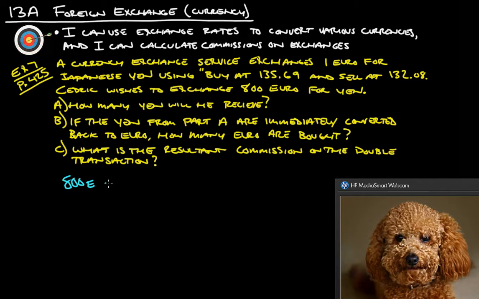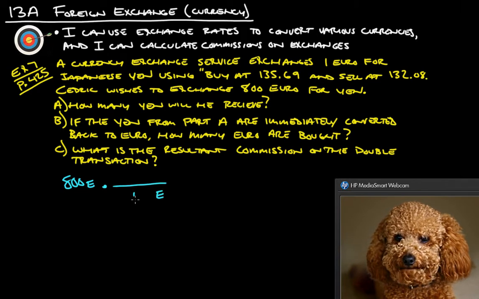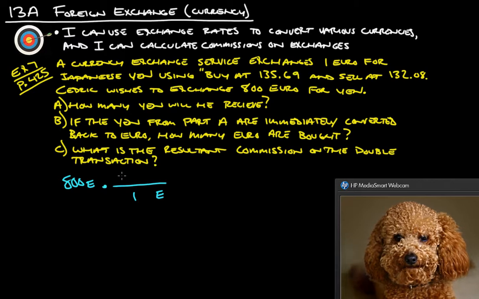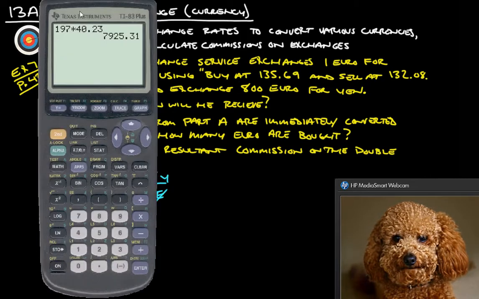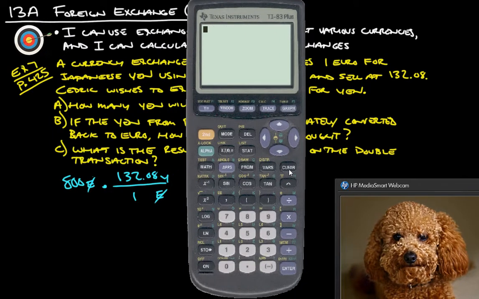let's see. Let's do this. We're going to multiply it. We're going to turn the euro. So you're basically getting €1, and you're going to convert that at selling. They're selling it to him at 132.08 yen. Okay, so the euros go away, and we're going to take 800 and multiply it by 132.08.